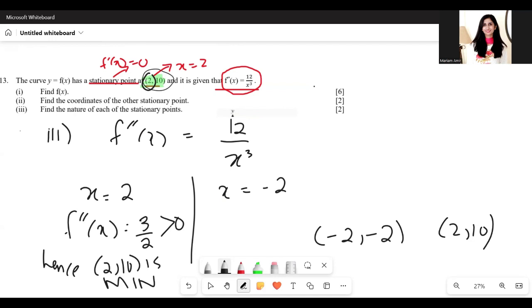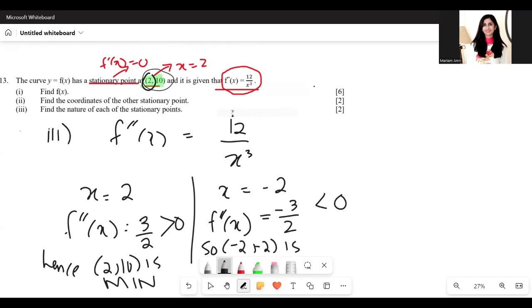And for -2, we get f double prime x equals -3 upon 2, which is less than 0. So (-2, -2) is a maximum point. Okay, that is it.